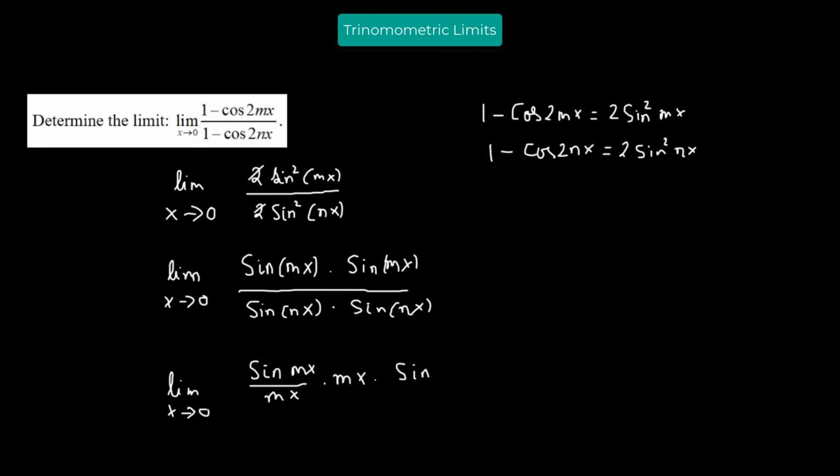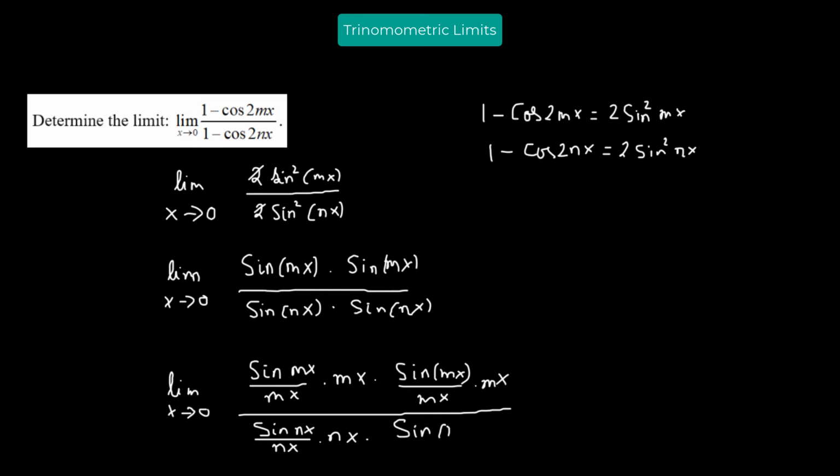Similarly for the other sine mx, we're going to divide and multiply by m times x. We repeat the same thing in the denominator, so we have sine nx over nx times nx, multiplied to sine nx divided by nx times nx.